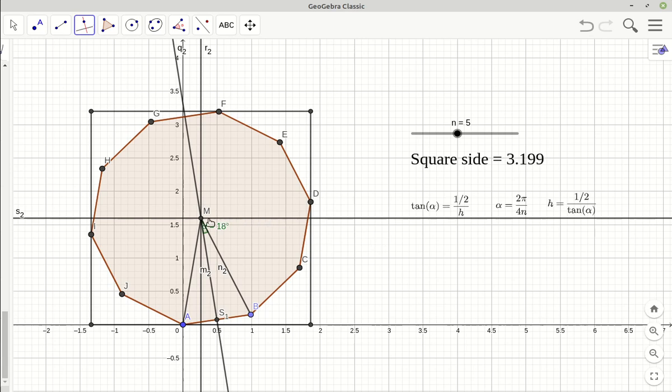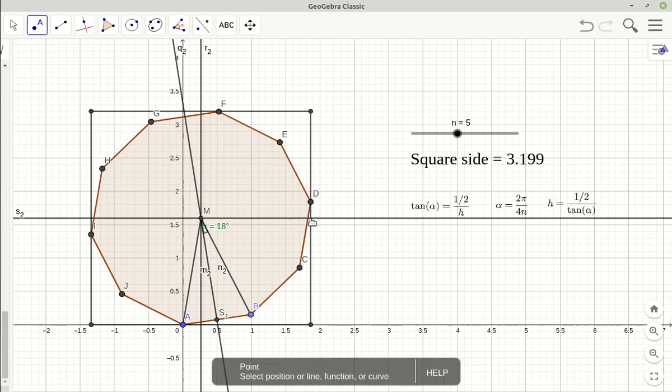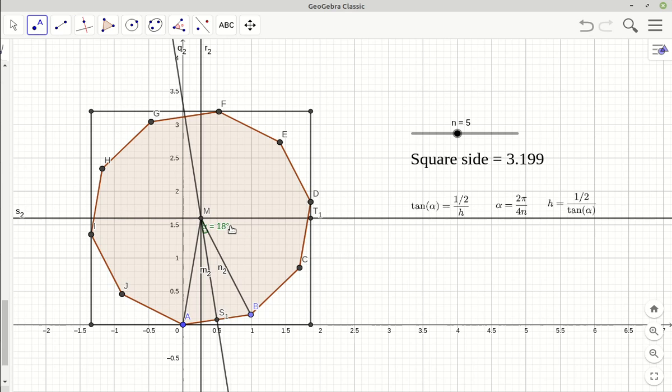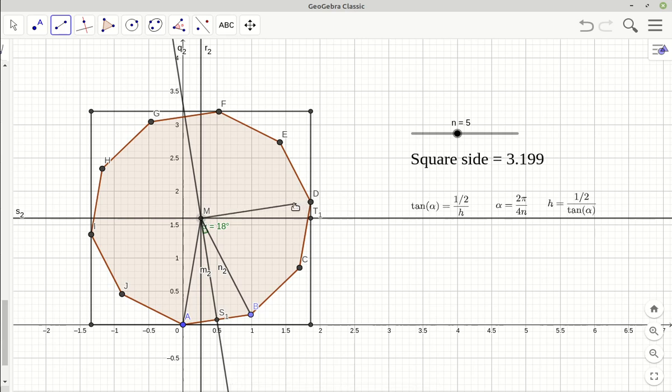So basically, we need to find out what is the length of, let's put a point here, MT1 in this case, and the way you are going to find it out is by using a right triangle MDT1.